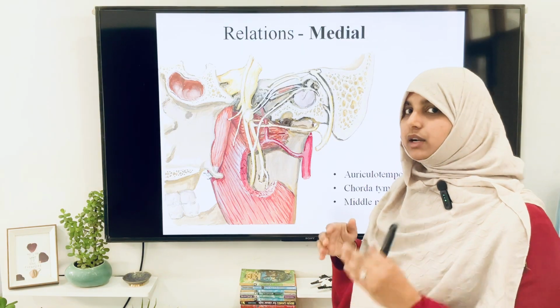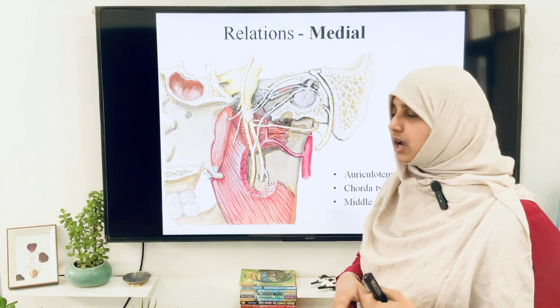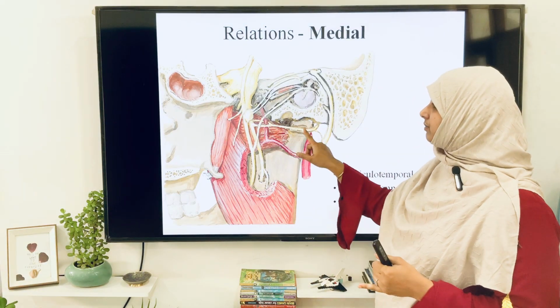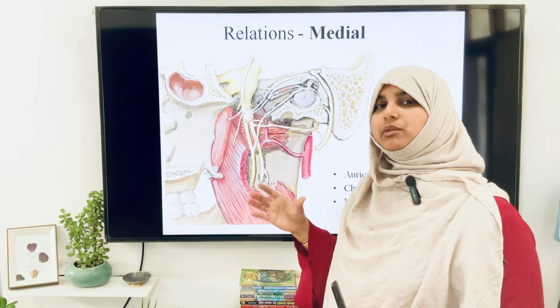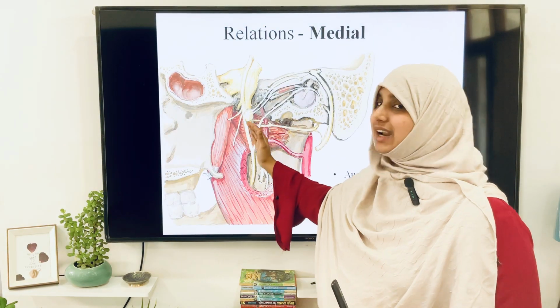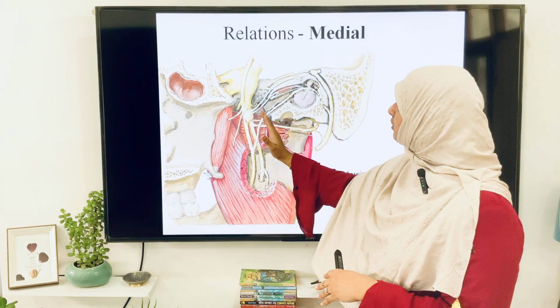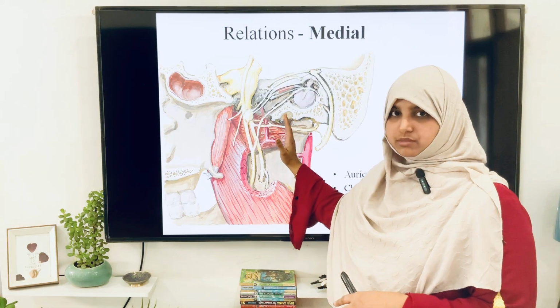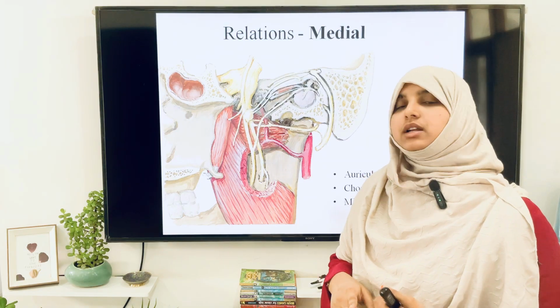That is related to the medial aspect of this TMJ. So first we had the auriculotemporal nerve, next we have the middle meningeal artery. In the picture it might appear like it's more of an anterior relation, but in reality if you see a specimen, it will be more closely related to this TMJ.